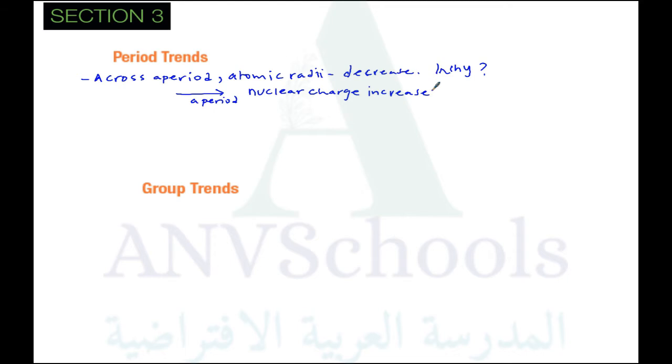And the second reason, across a period, electrons are added in the same main energy level. These two reasons contribute to the gradual decrease in size of an atom across a period. Why? Let's see. Let's say this is an atom.